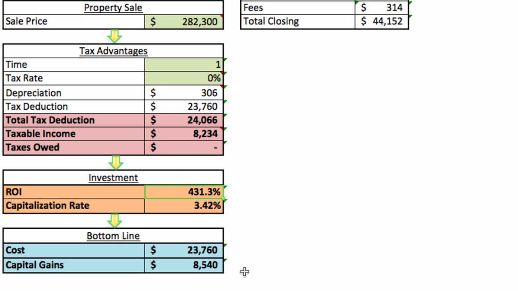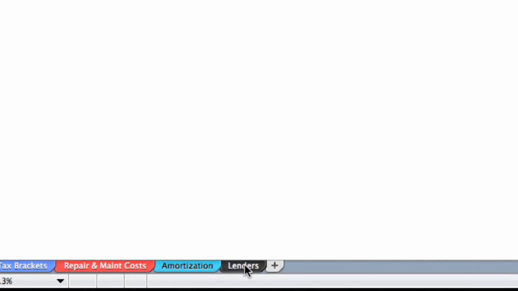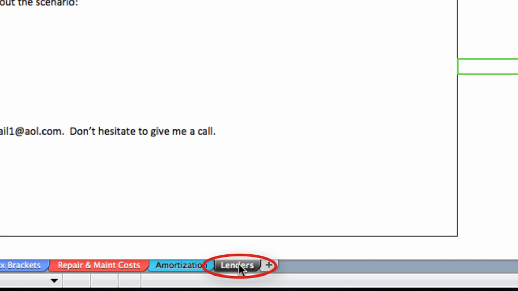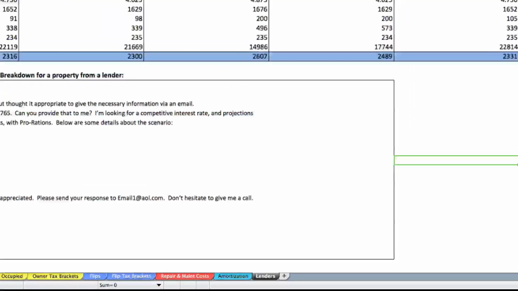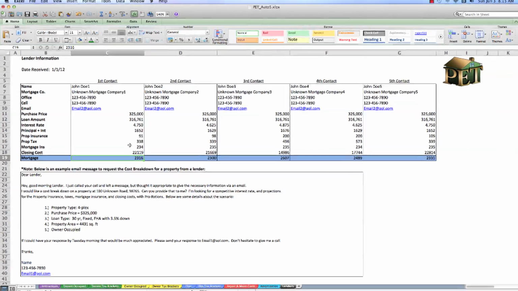What I'm going to do at this point is actually introduce you to the bonus tab called the Lenders tab down here in black. I'm going to go ahead and click this. So what you see here is a table consisting of 5 contacts. Each box consists of the contact information of that particular lender or bank, and then the breakdown of the mortgage.